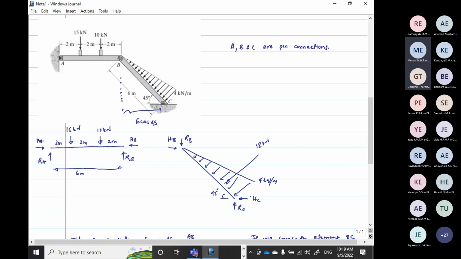So RC into 6 cos 45 is counterclockwise, then 12 into 4 is clockwise, since the distance here is 4 meters. Then HC into 6 sin 45 is again clockwise.